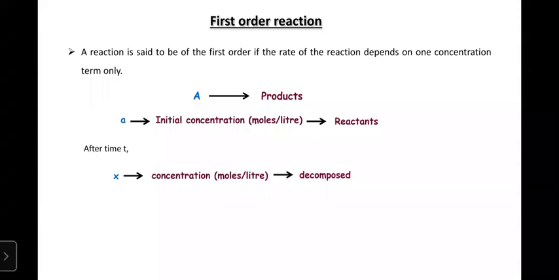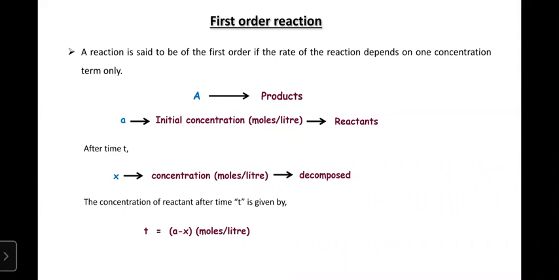So the concentration of the reactant after time t is given by A minus x. A is the initial concentration and x is the change in concentration with respect to time. So after time t, the concentration of the reactant is A minus x.